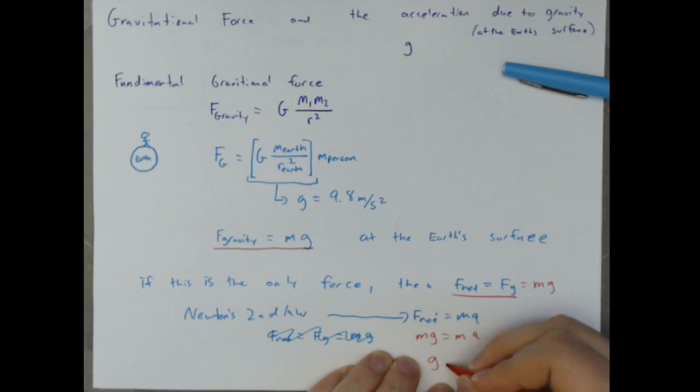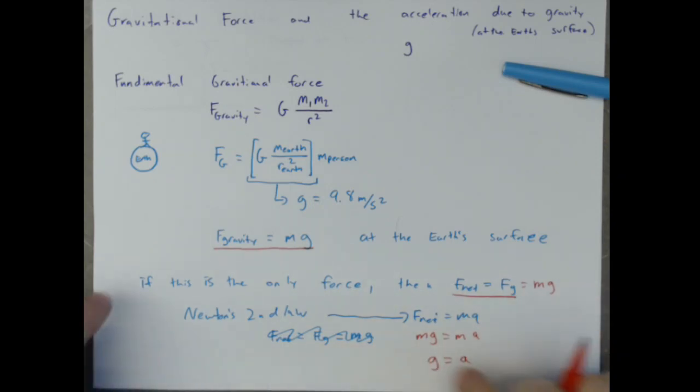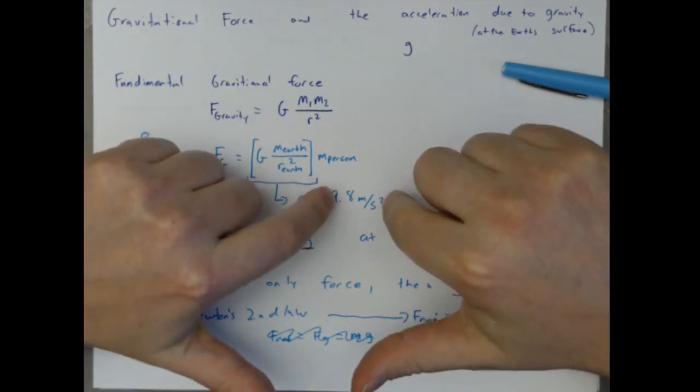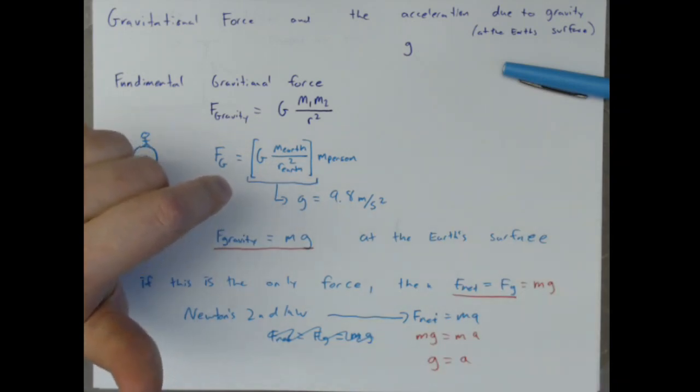So the acceleration due to gravity is the acceleration of the object if this is the only force acting on it. That's where its name comes from, and it's equal to 9.8 meters per second squared.